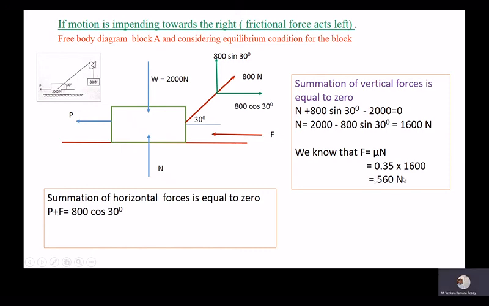Here F is calculated as 560 newtons, substituted here. Then P is equal to 800 cos 30 minus 560, which is 132.82 newtons. So when the block is impending towards right, the applied force is 132.82 newtons.